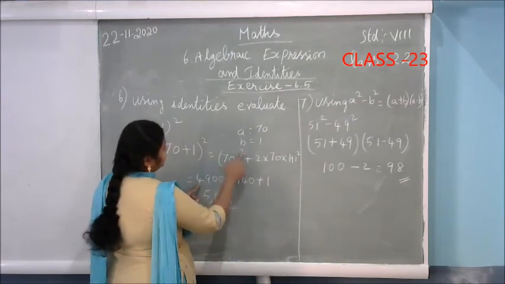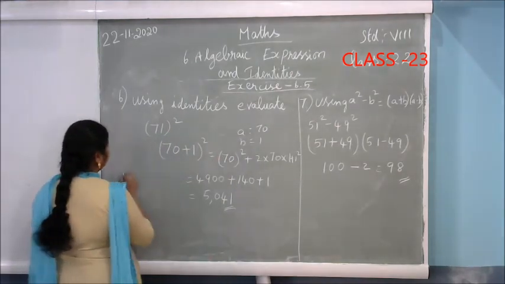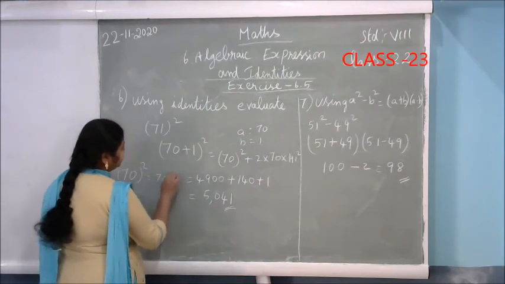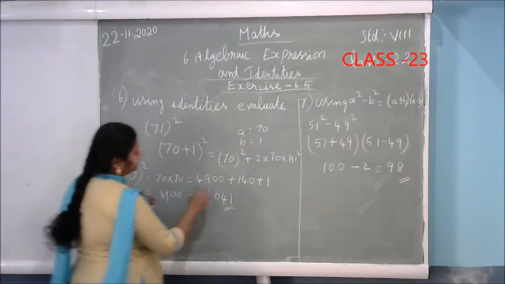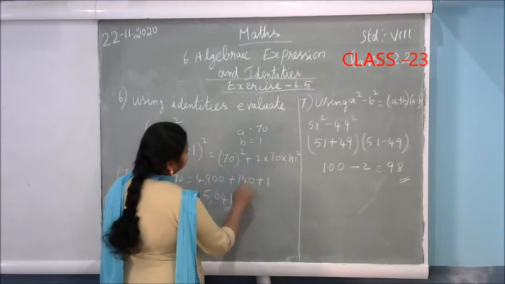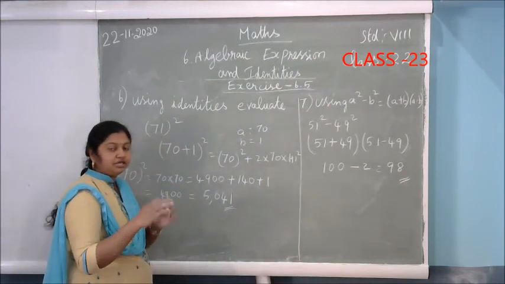70 square, simplify, so 70 into 70 will come. So 2 zeros will come in the answer, 7 sevens are 49. That's why directly I wrote the answer 4900, plus 2 into 70 is 140, into 1 is whatever number you multiply with 1, same answer you get.